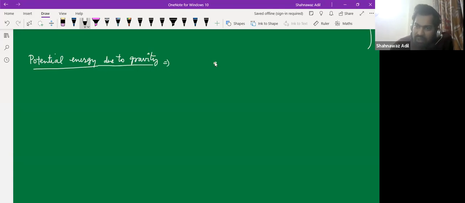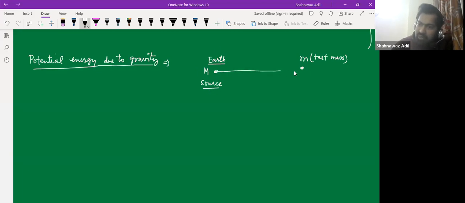Let's say this is the mass, and this is the source mass, let's say this is Earth, with source mass M. We are calculating the potential energy at this point, and this is the test mass m.